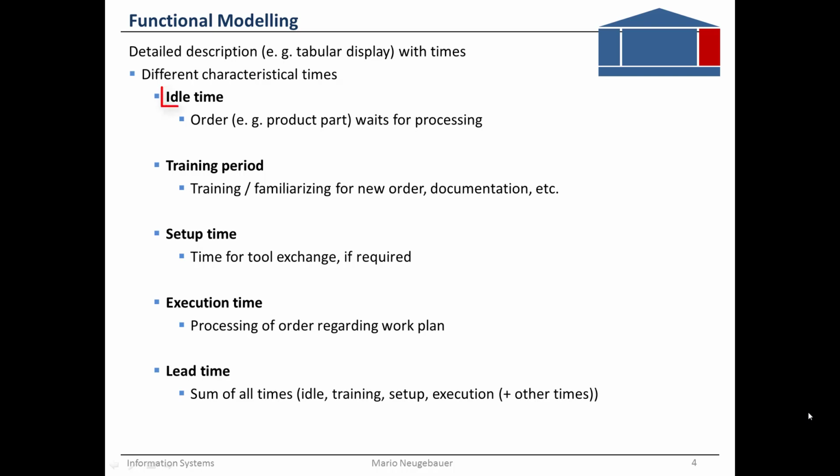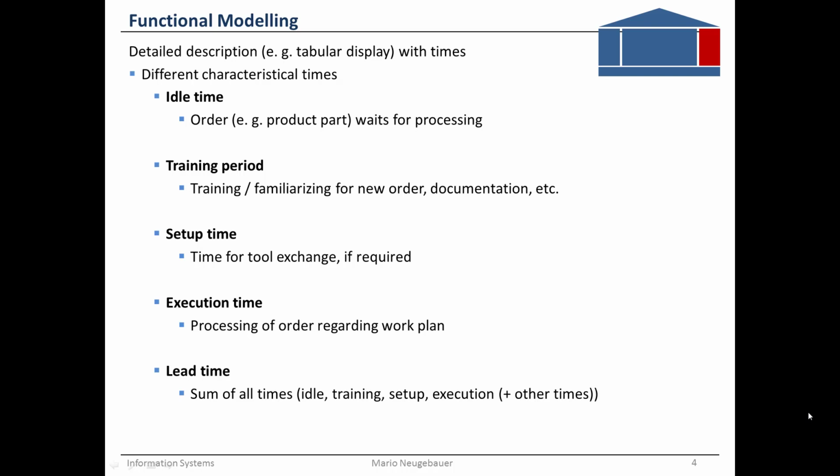So first there is the idle time, for example. The idle time is the time when an order or the production part of the order waits for the processing. So if nothing happens, if just the waiting for the processing is done, then we talk about the idle time.